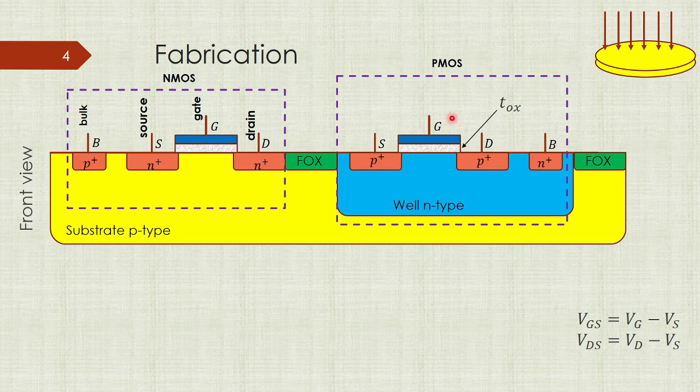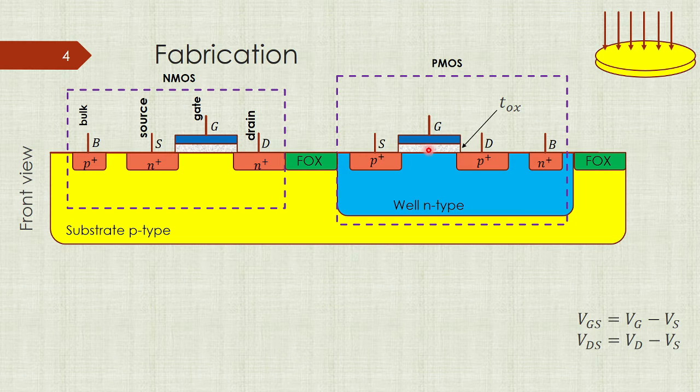For the PMOS, the process is similar, just that after growing the p-type substrate, we will also grow a well with n-type. This will separate the NMOS from the PMOS, and once we have the n-type well, we will grow p-type semiconductors with high concentration for the source and the drain.